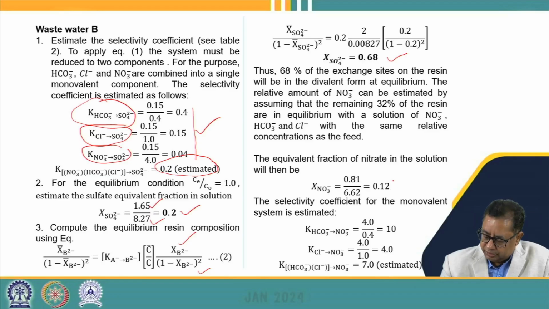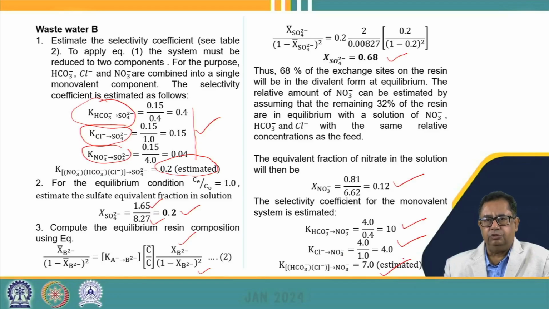Okay. So now we can calculate the concentration of the nitrate present in the solution, and then we can calculate the selectivity coefficients for nitrate replacing bicarbonates and nitrate replacing chlorides, and then the average K values, right?